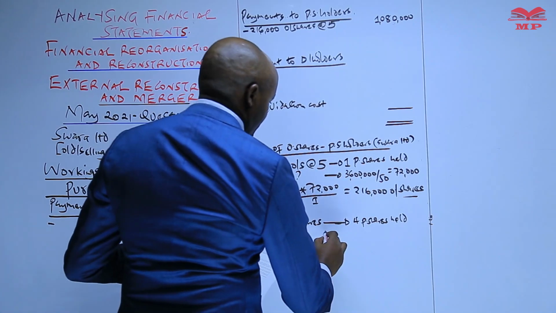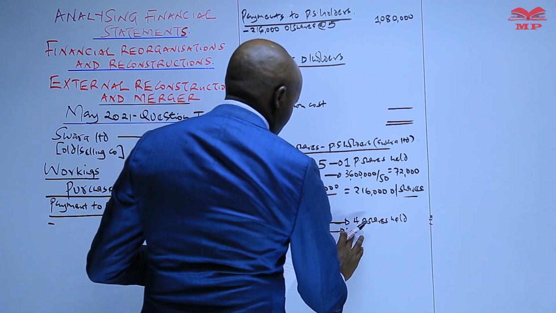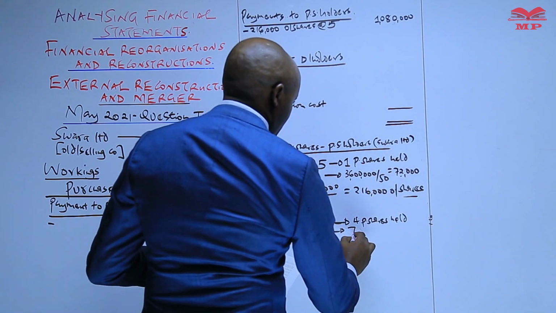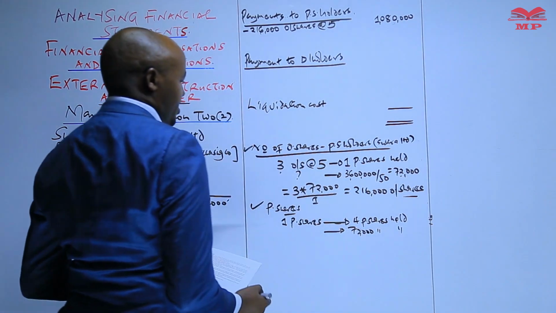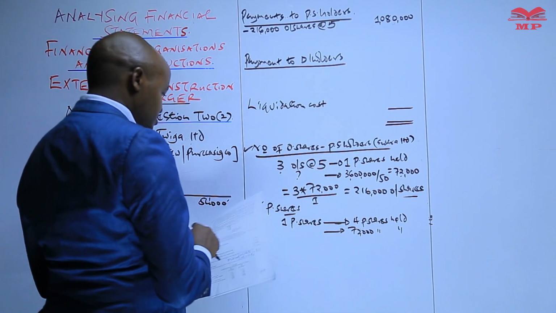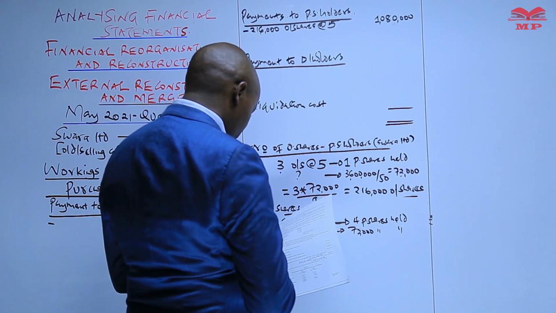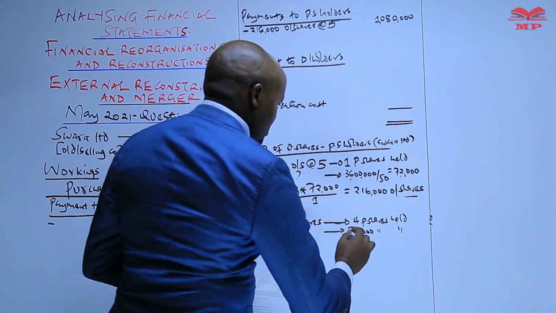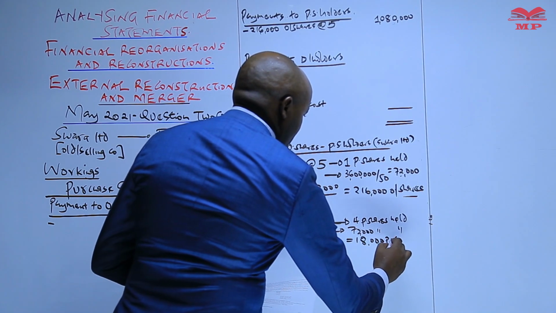So in our case, we know the preference shares which were held by the preference shareholders of Swara is what we have computed here, 72,000 preference shares. So we just cross multiply, then we divide, which now will be 1 times 72,000 divided by 4, and this will give us 18,000 preference shares.